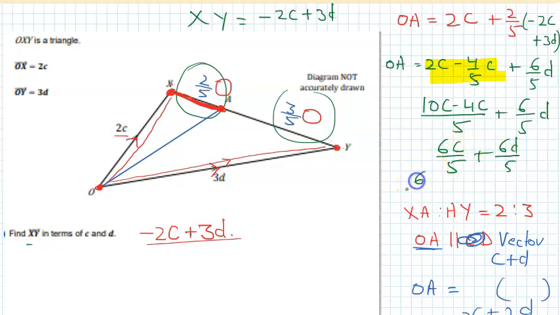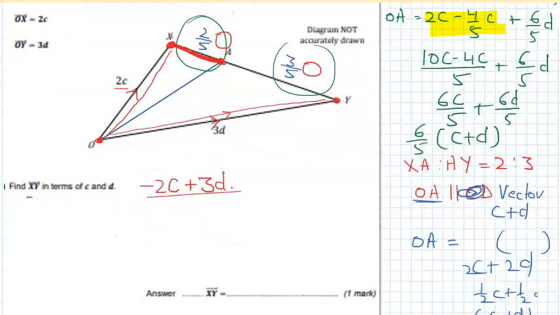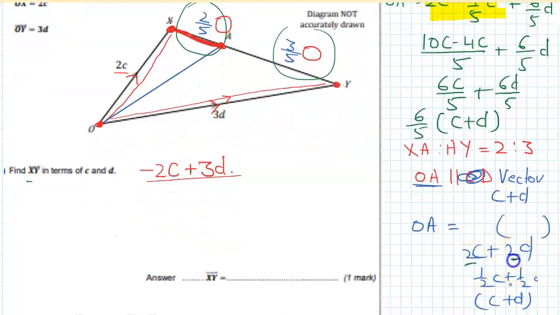I can take 6/5 common. That is what it was asking. That is what I told you, that our answer is supposed to be this same, so that we get C plus D. So what is being asked is that it is C plus D.